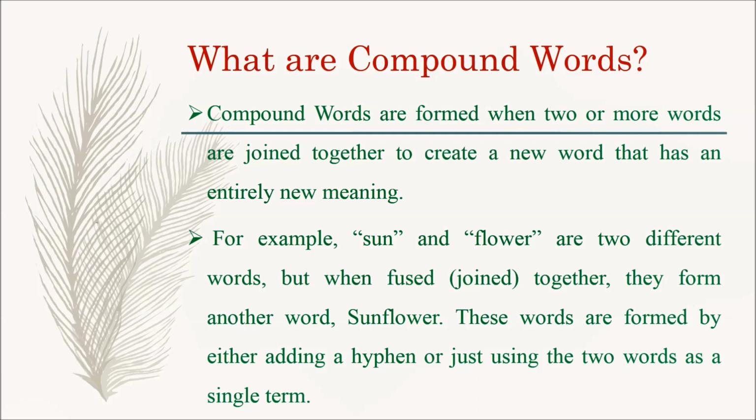For example, sun and flower are two different words, but when fused, here fused means joined together, they form another word, that is sunflower. These words are formed by either adding a hyphen or just using the two words as a single term.